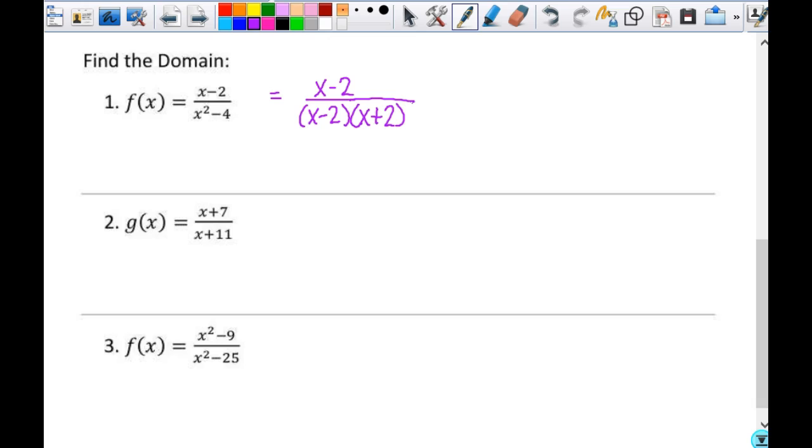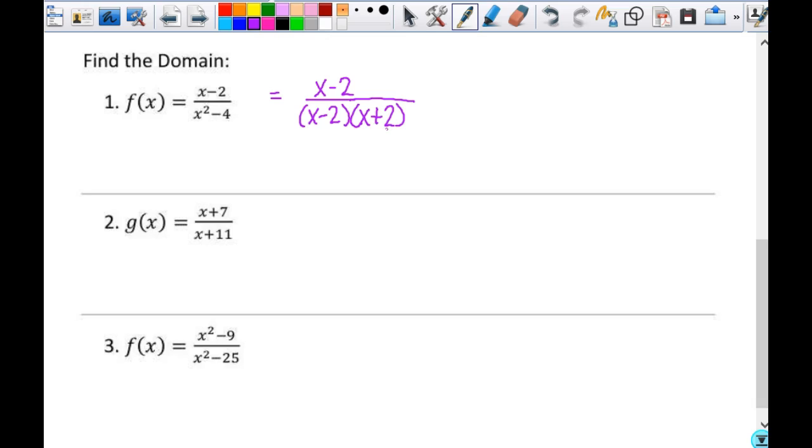If I did reduce, when you do reduce, these two would cancel out. I'm not going to because I don't need to here, but these two would cancel out, which would leave me 1 over x plus 2, which means this function acts like 1 over x. What's the domain for 1 over x? All real numbers except for 0, right? But here, our domain is not all real numbers.